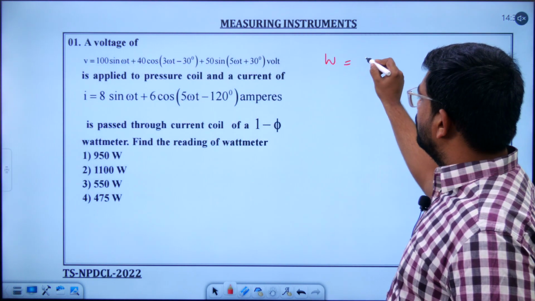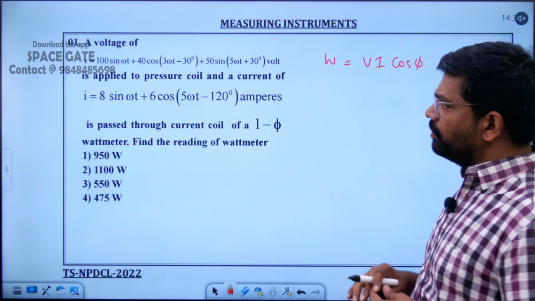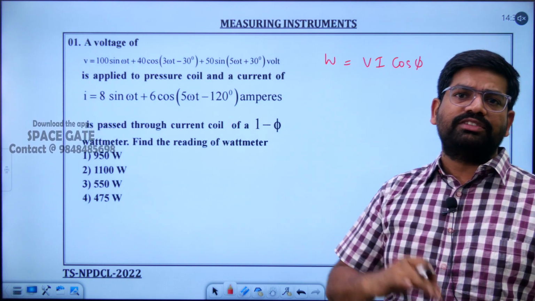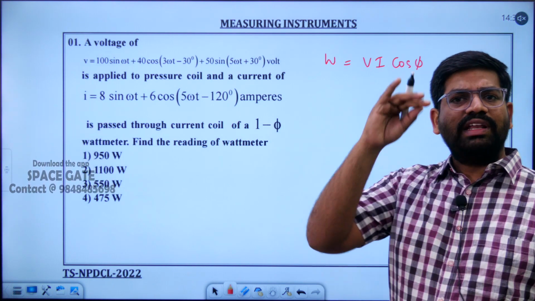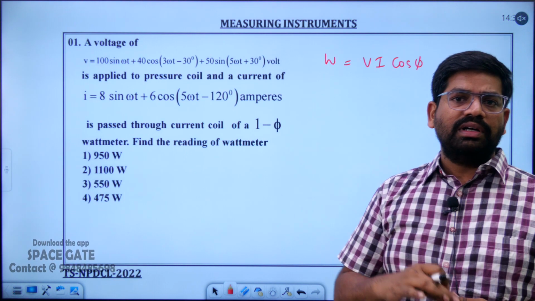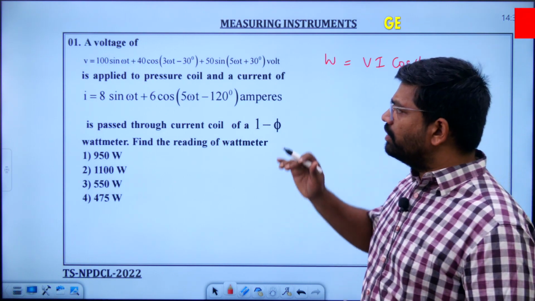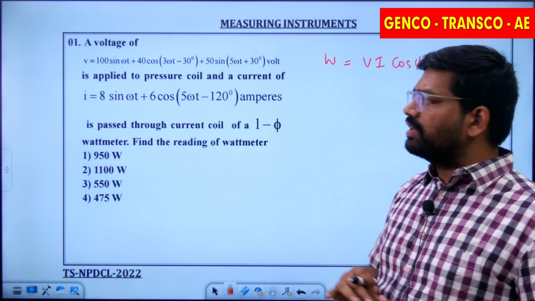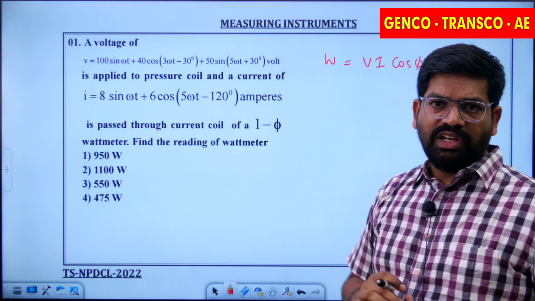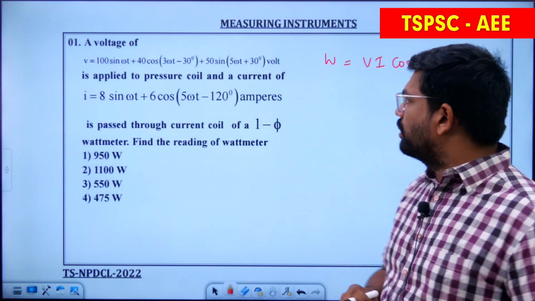That is VI cos phi, right or not? So the wattmeter reads the power consumed by the DC component, the fundamental, and any harmonic component present. It gives the power consumed by each respective component. So we do the individual power calculation for the fundamental, the third harmonic and the fifth harmonic component, and when we combine all these powers, that will be our wattmeter reading.